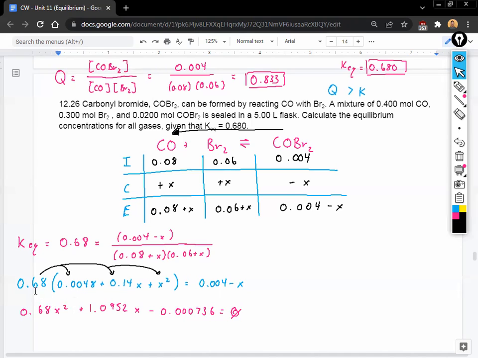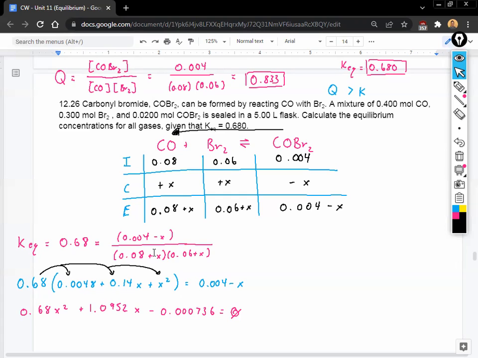Because you got to multiply the 0.68 with 0.0048, and then you subtract that 0.004 from it. Yeah, because it's switched right here from this side. So you do 0.68 times 0.0048, and then you subtract 0.004 from that.